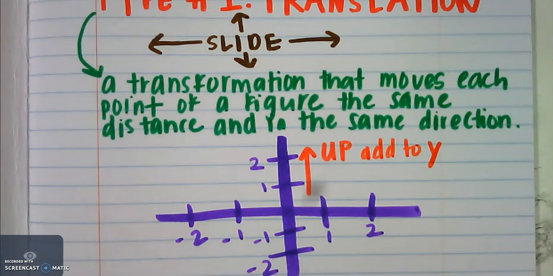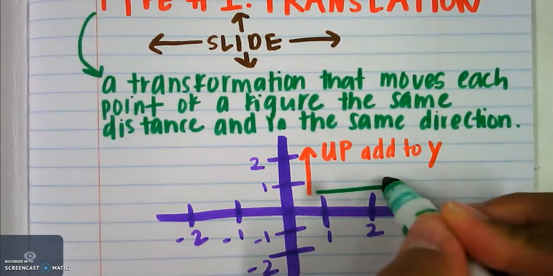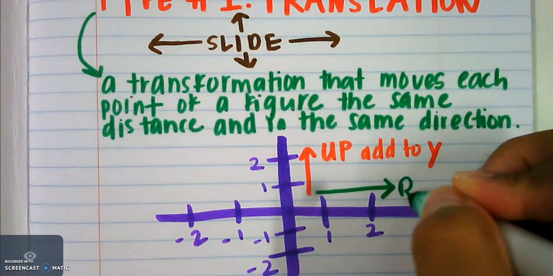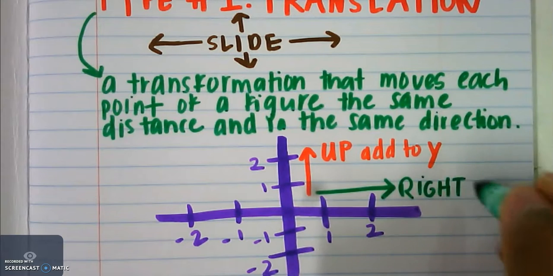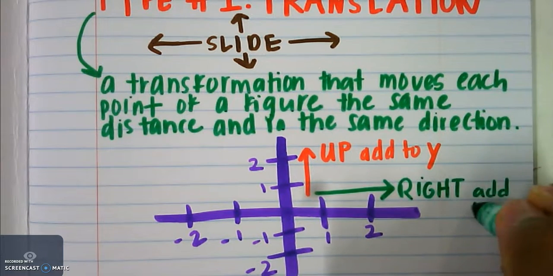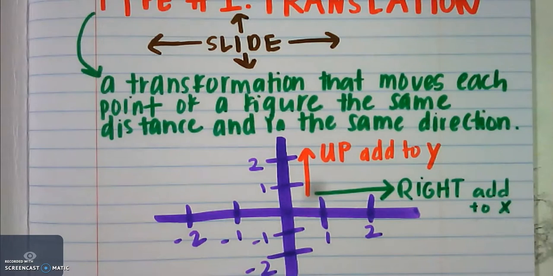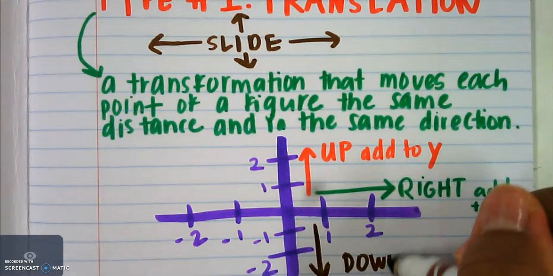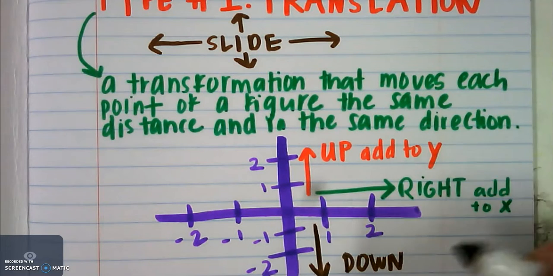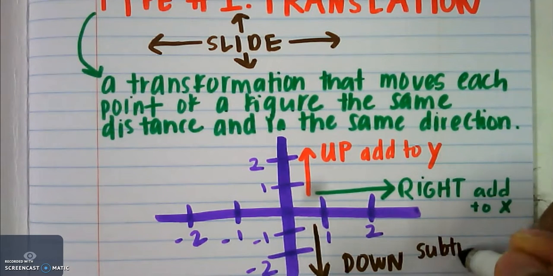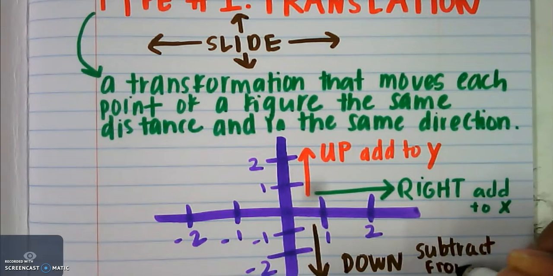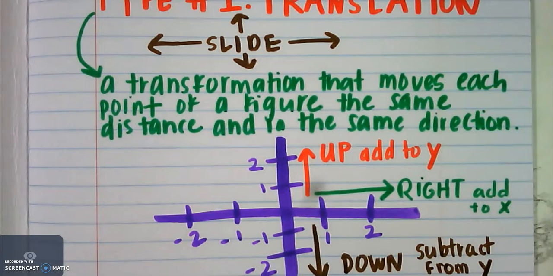If I move to the right, I'm going in the positive direction of my x-axis, so I'm going to add to x. If I am going down, I'm going to subtract from y, because I'm impacting my y-axis.